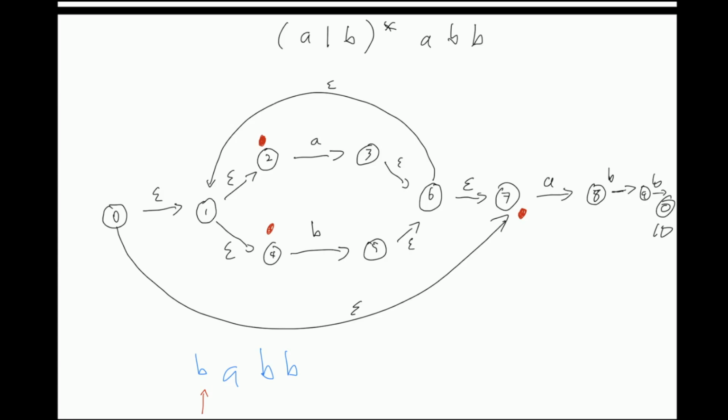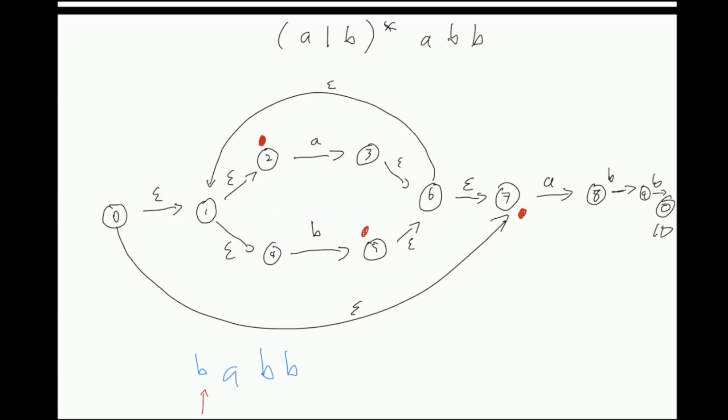So let's read the first character in our input. So we read B. What state or states do we transition to when we read B? Say again? 4 to 5. So we can move from 4 to 5 because we're in states 4, 2, and 7 right now, and there's an edge from 4 to 5 that transitions on B. So we know we can move from 4 to 5.